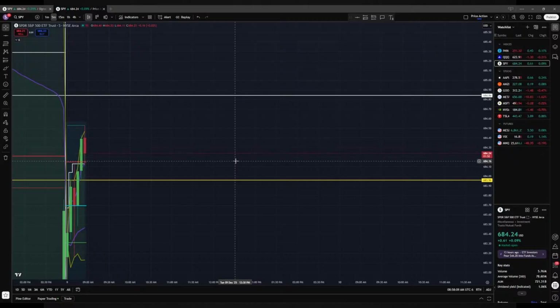CRVAH just jumped up a little bit. Jumped up again. Almost just about where yesterday's VAH ended, which is right here. Come on. Minute and a half to go.